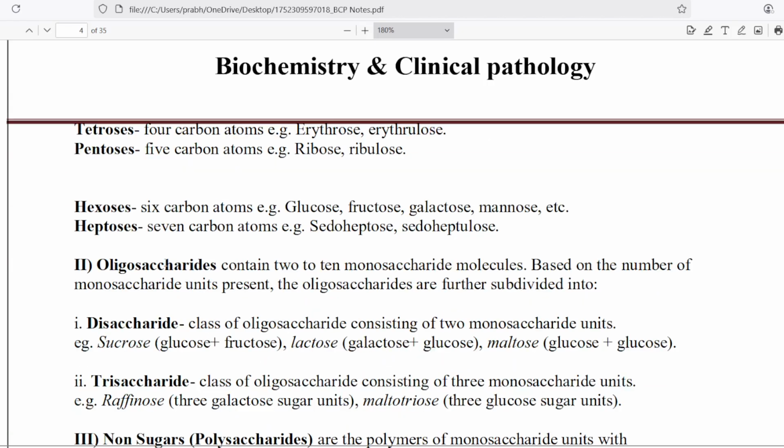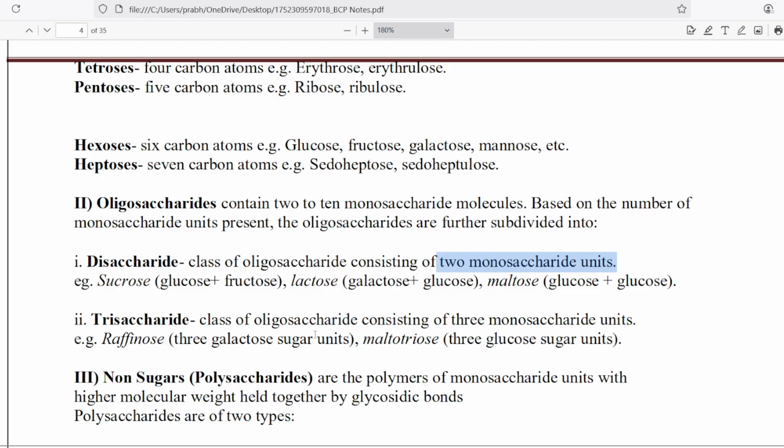Then the second class is oligosaccharide. Disaccharides contain 2 monosaccharide units and trisaccharides contain 3 monosaccharide units.